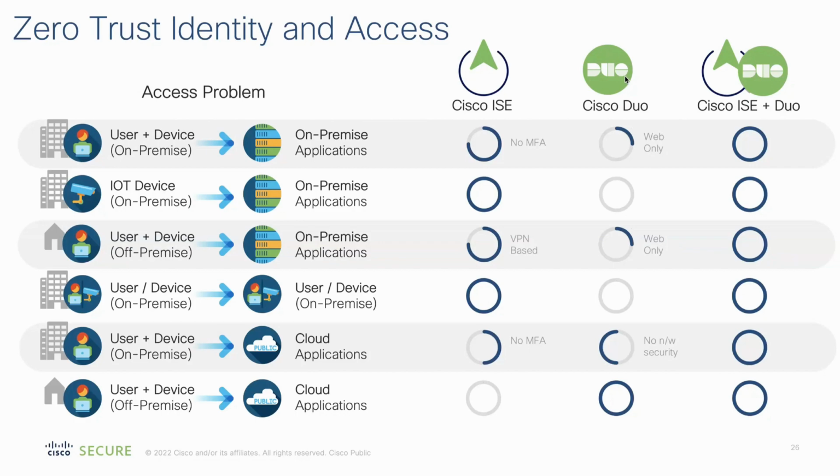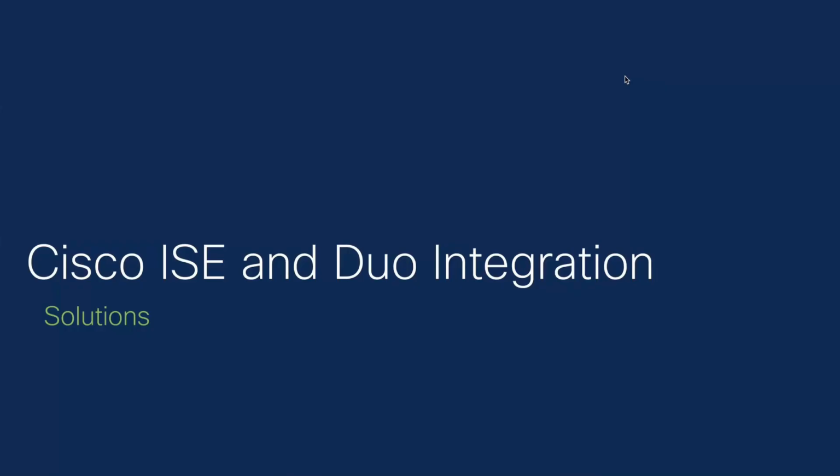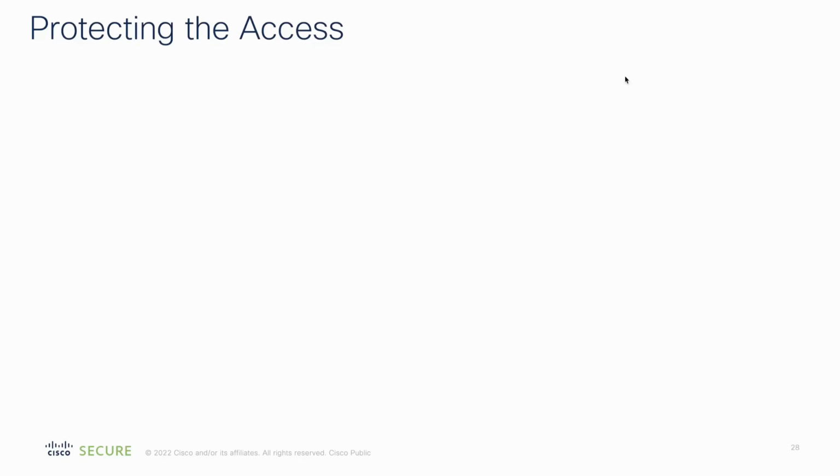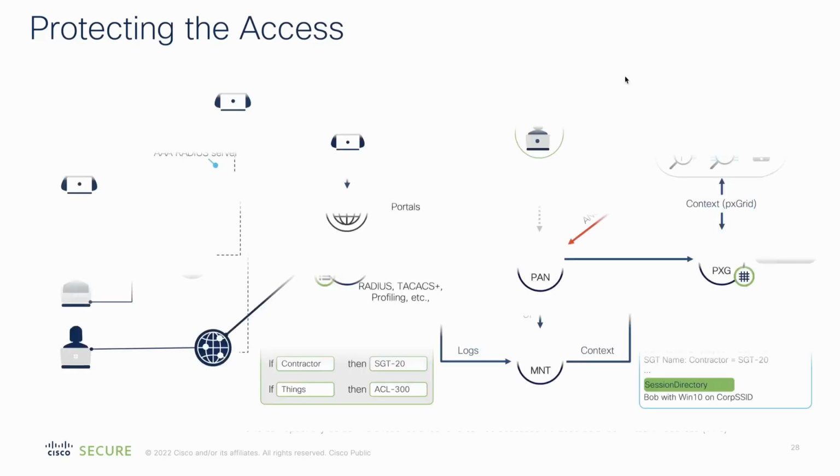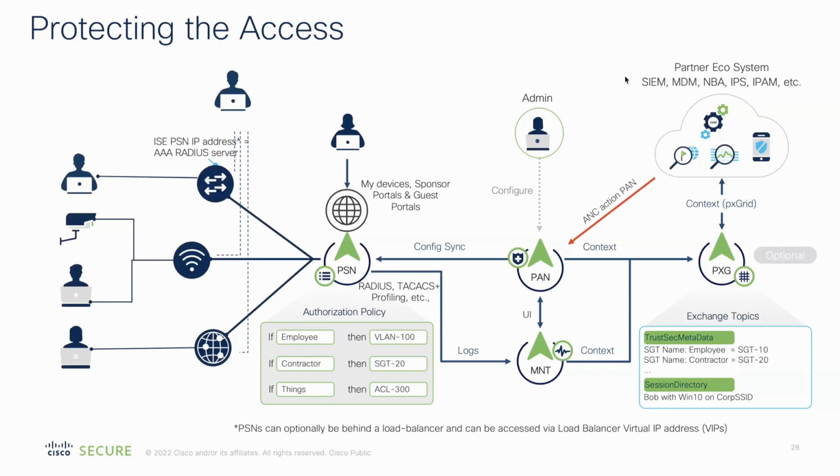Now, this is where it gets interesting. We wanted to get started with what solutions are possible when you integrate Cisco ISE and Duo together. I wanted to get started with this presentation, which you might be seeing most often in our earlier webinars, where the admin user is trying to connect to the PAN.